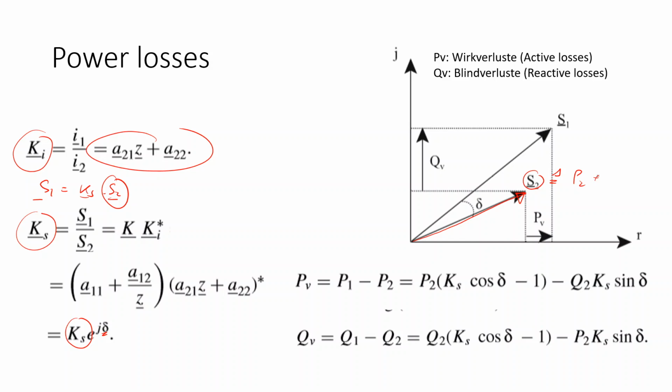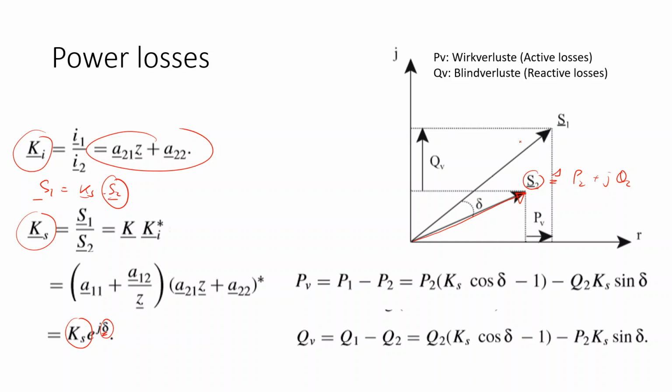It is P2 plus jQ2, active power plus j reactive power at the receiving end. And your S1, the complex power at the sending end, is the multiplication of a certain gain with a rotation, with the angle of rotation delta. So the S1 is here.